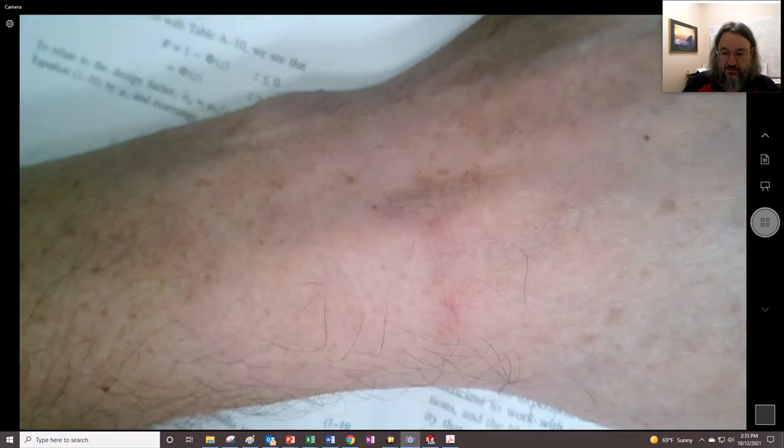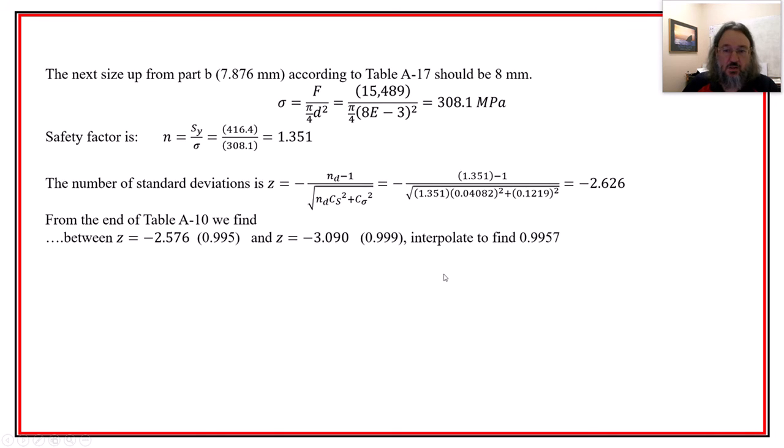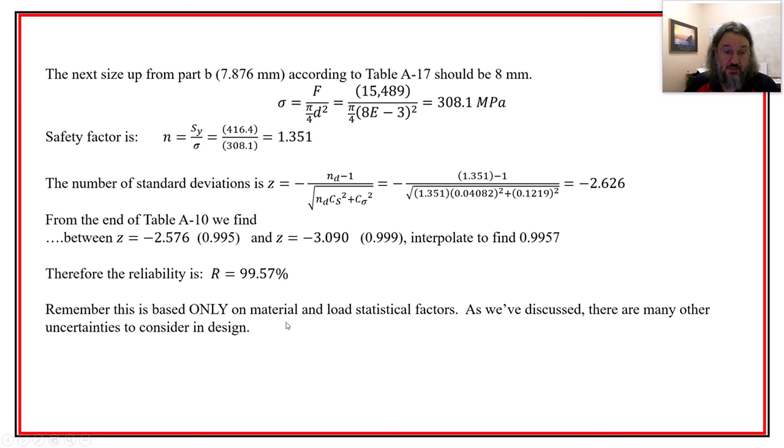And if I do that, I get a Z that I have to interpolate. I'm interpolating here, but I could look it up. Therefore, I find that we get 99.57% reliability is what we find from this. And remember, this is only on the material and the load statistical factors.